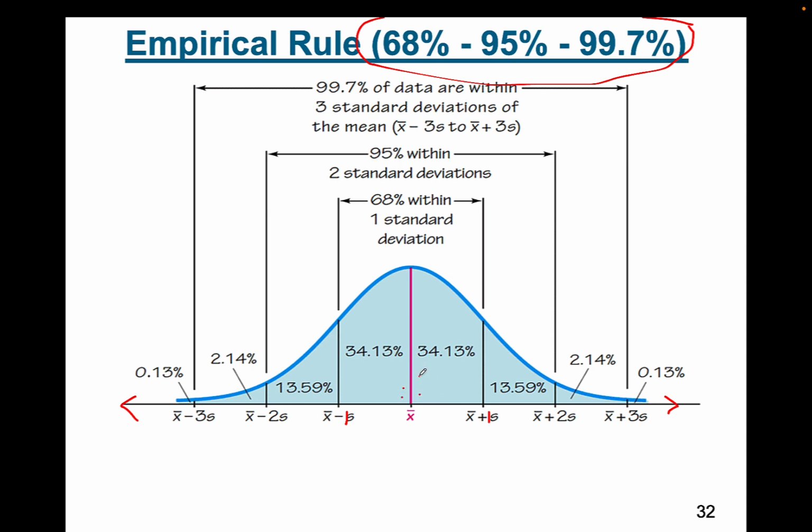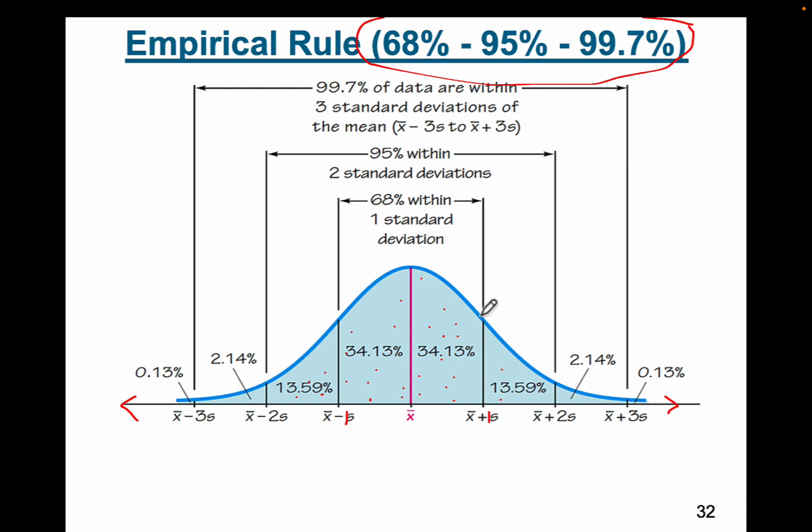If we were to start mapping our data values on as a dot plot above the horizontal axis, the majority of normally distributed data, which would fill up into this bell-shaped curve, would take place within 1 standard deviation of the mean. You can see that's the highest part of the bell.